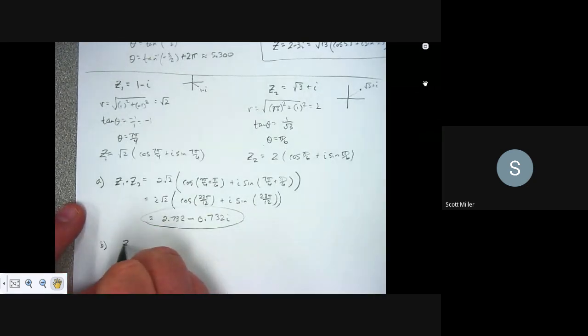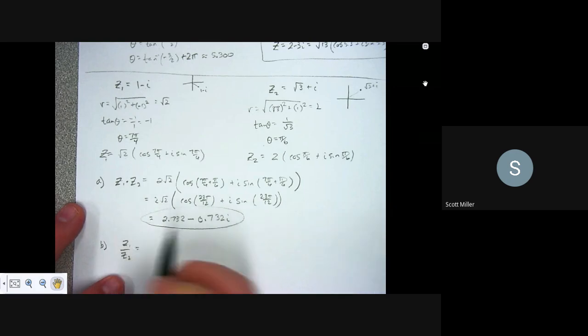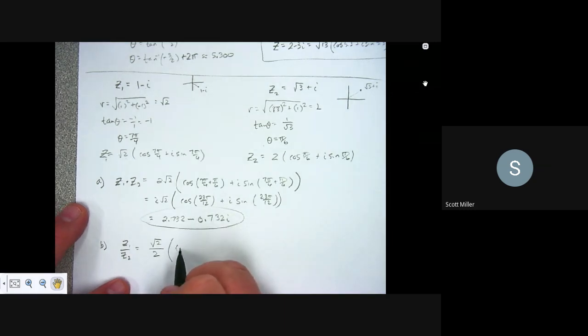What if I want to divide them? Take the square root of the top one, the bottom one, and now we're going to subtract. So the first one minus the second one.